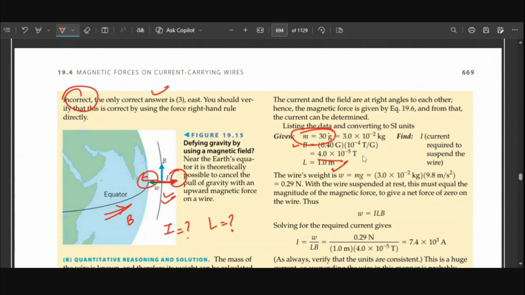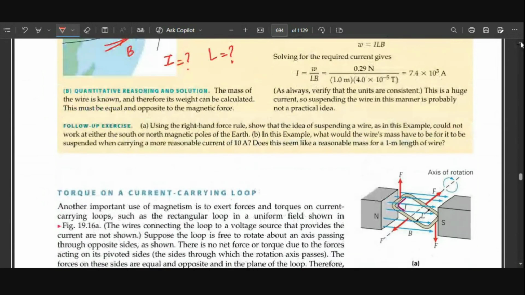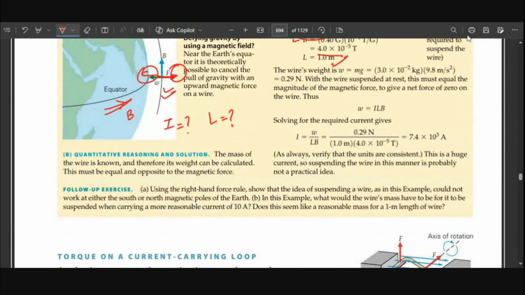If we just put the value of length in, the weight which it is going to balance must be ILB, and the weight is already given as 30. So the current in the wire must be 7.4 times 10 to the power 3 amperes. And this current is huge.